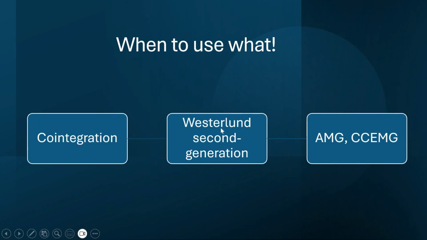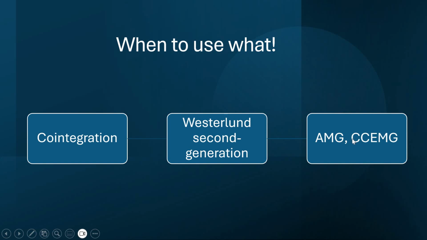When you test for co-integration and there's co-integration, we can now use the augmented mean group and the common correlated effect mean group. Both are long-run estimation techniques, and they account for cross-sectional dependence.